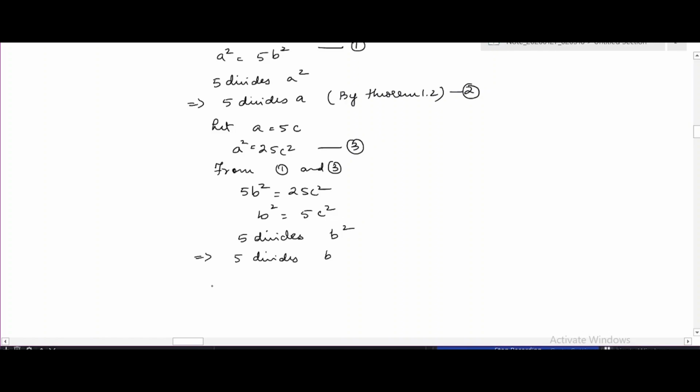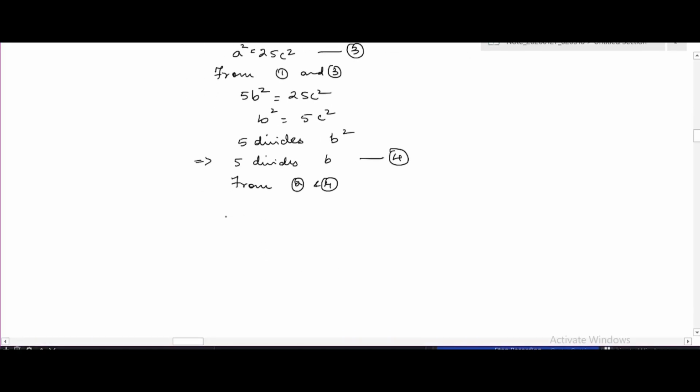Now this is 4. From 2 and 4, we can say that 5 divides a and b, and 5 is a common factor of a and b.